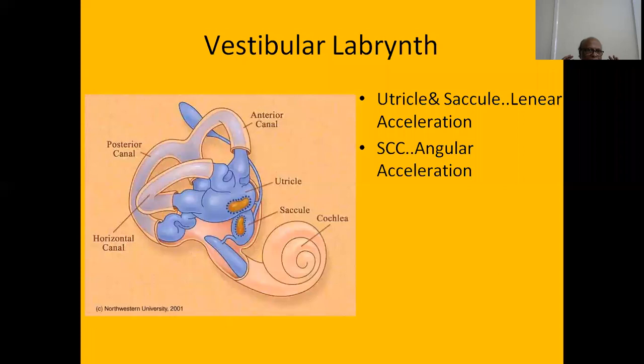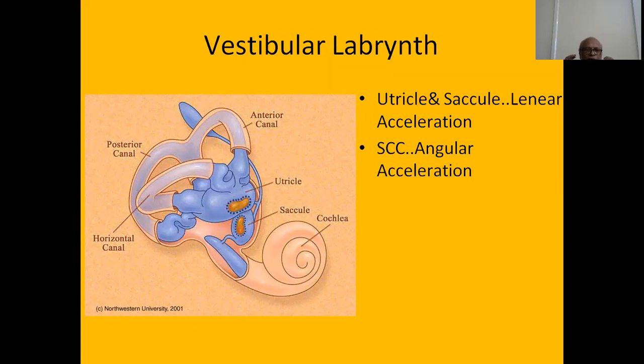According to Ewald's law, the movement of the endolymph towards the ampulla, that is auriculopetal movement, produces more electrical impulses than the other. So as a result, what happens? On the left side, the movement is auriculopetal, and the impulses are carried to the eye, and the eyes are pulled towards the left side.